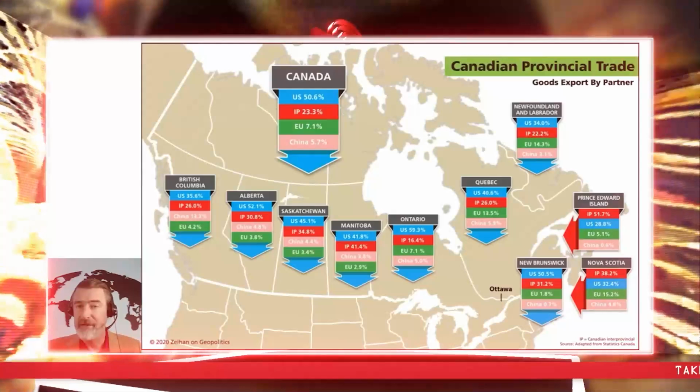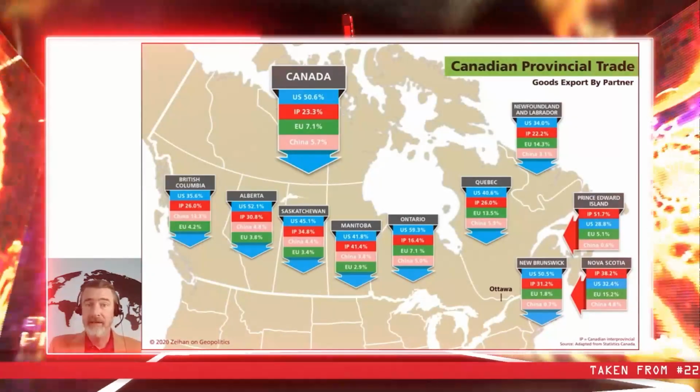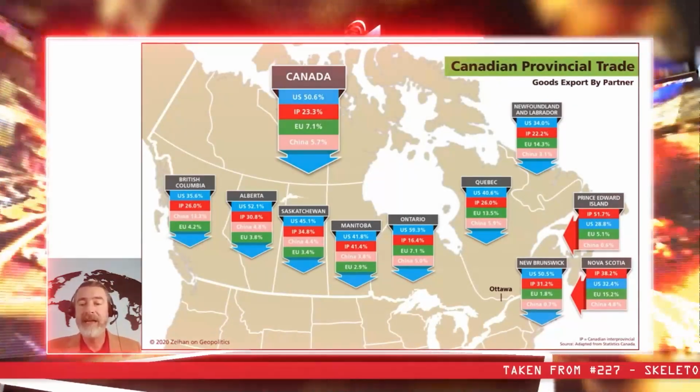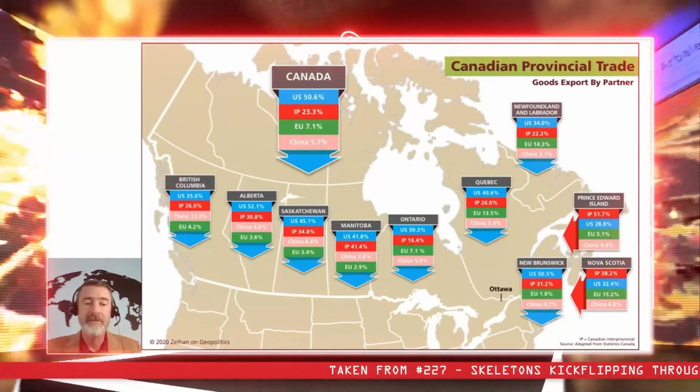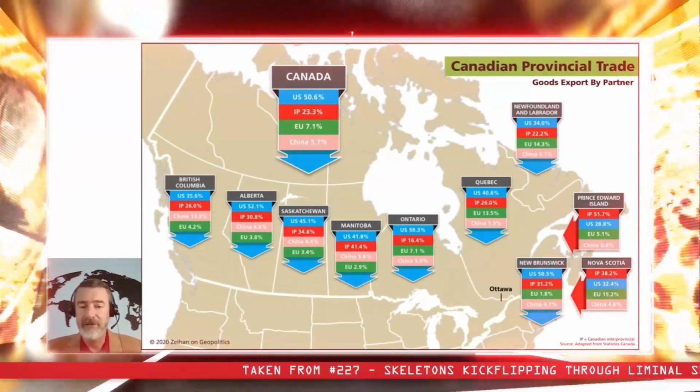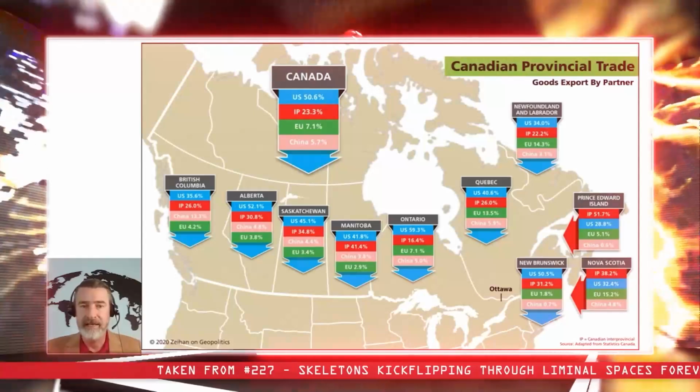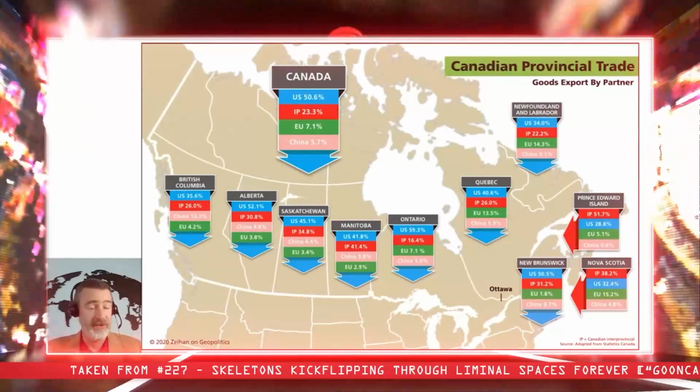That means you didn't get your first trade deal until about 3 years ago. When I say trade deal, not with another country, within Canada. So internal barriers to trade remain immense, and almost every province in the Canadian system, as this graphic shows, has a greater economic relationship south with the United States than it does with their own co-nationals.